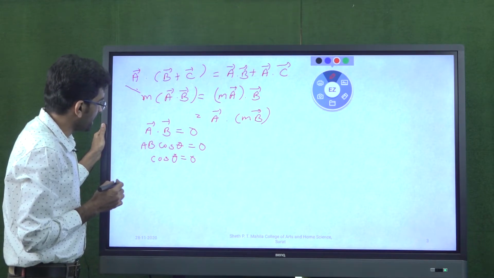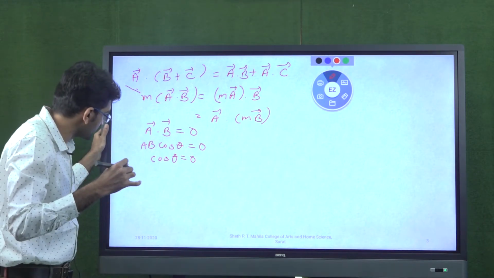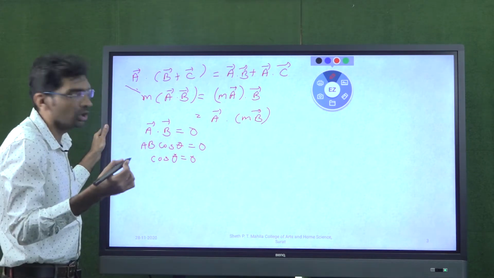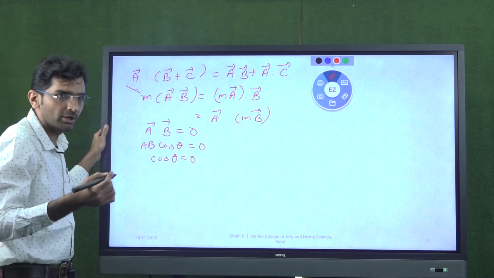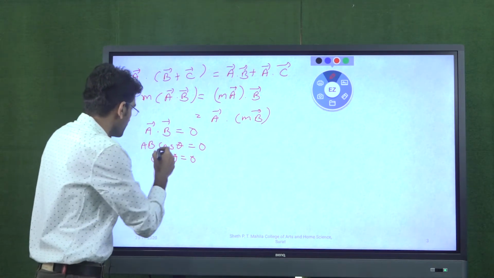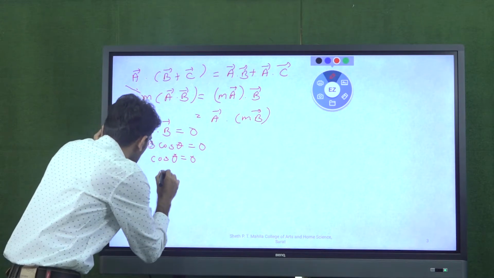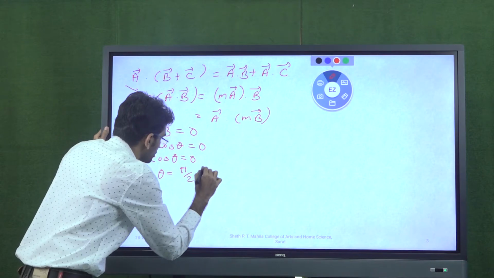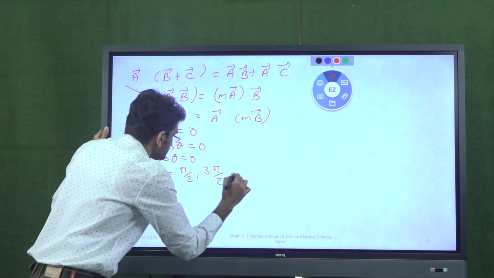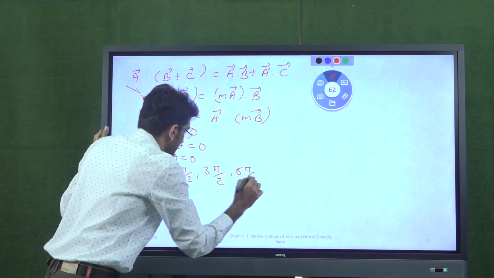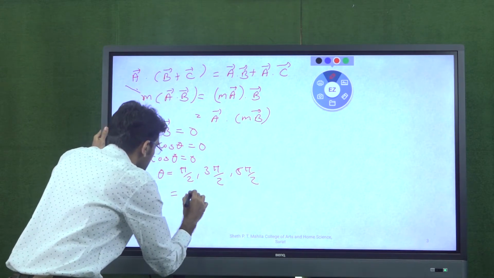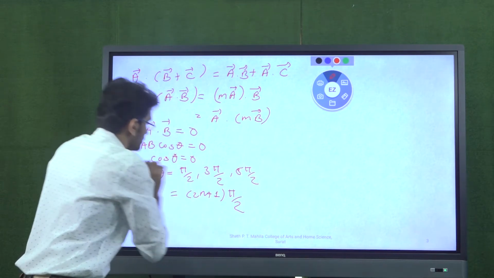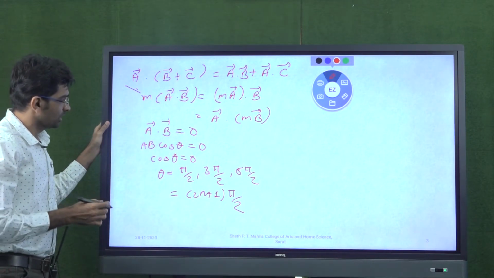Theta will be pi by 2 or 3 pi by 2 or 5 pi by 2 or like that. So in general, I can write theta is equal to pi by 2 or 3 pi by 2 or 5 pi by 2 and like that. So in general, this theta will be (2n plus 1) pi by 2.